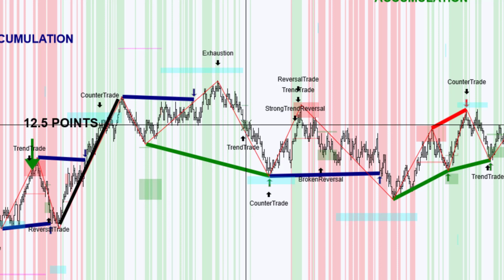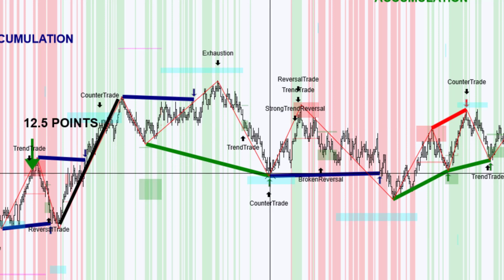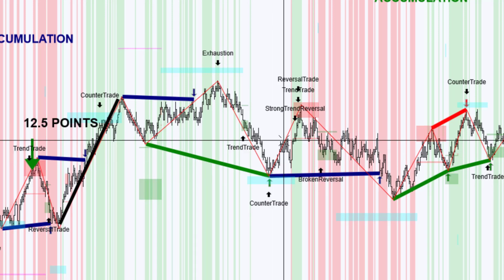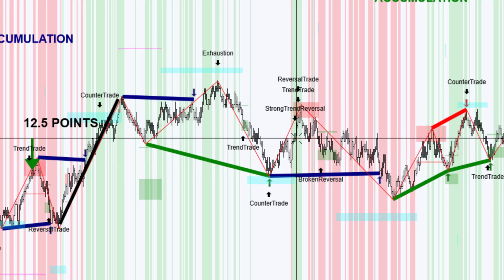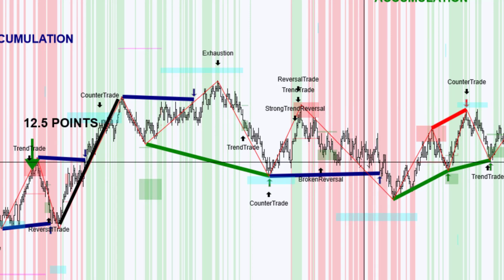Now, in this instance, the trend trade did in fact fail, goes all the way down to the blue zone, and then gives us a strong trend reversal and a reversal pattern up here also, which then ultimately succeeds.